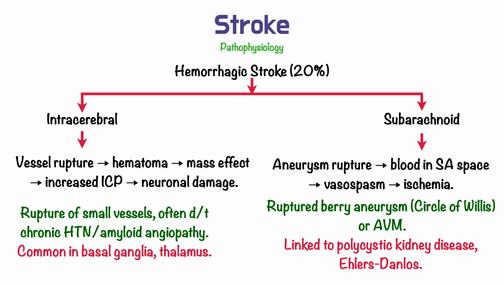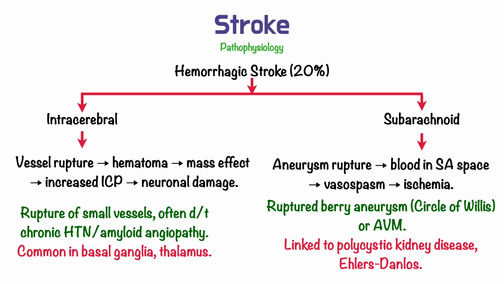And in subarachnoid stroke, what actually happens is there is aneurysm rupture. That is, there is already a pouch of blood in your brain, and that ruptures. A popping sound is heard inside your head. If you feel a popping sound after straining or lifting anything, you have to suspect that your aneurysm just ruptured.